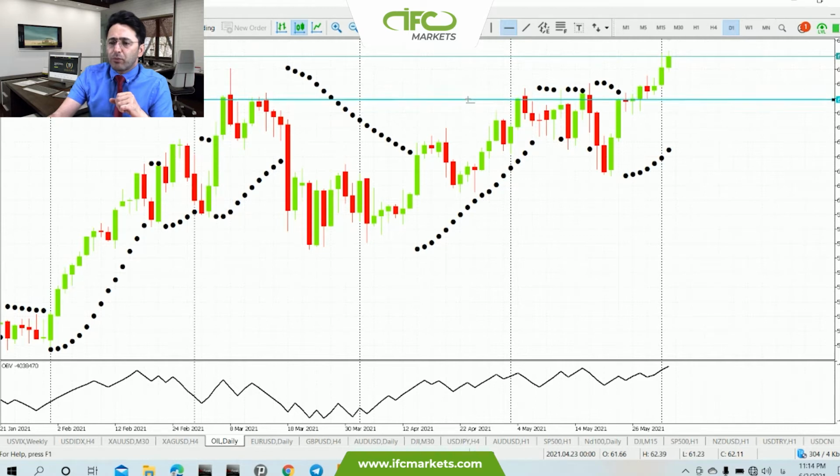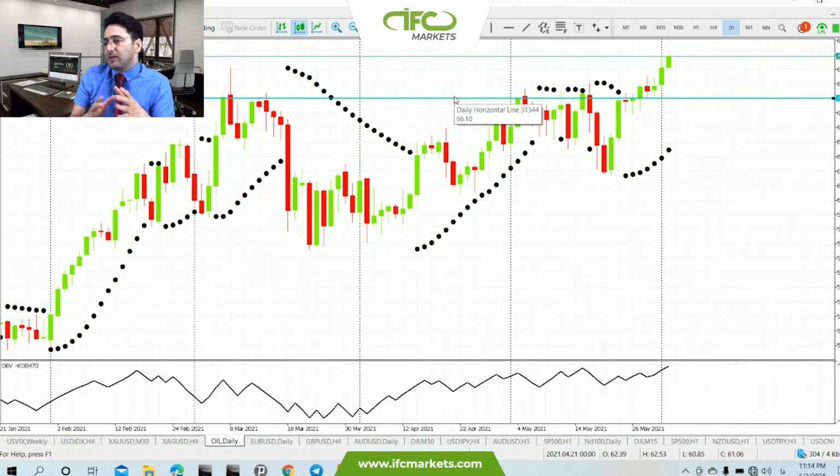Look, support and resistance levels are usually the price levels where your asset, on its way in an uptrend or downtrend, tries to pause, or maybe at these levels your asset can change the trend and reverse its uptrend to down or downtrend to up. As you can see in the chart, this is the daily chart of US oil.